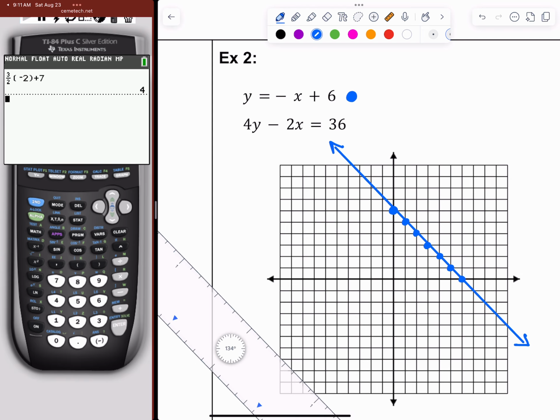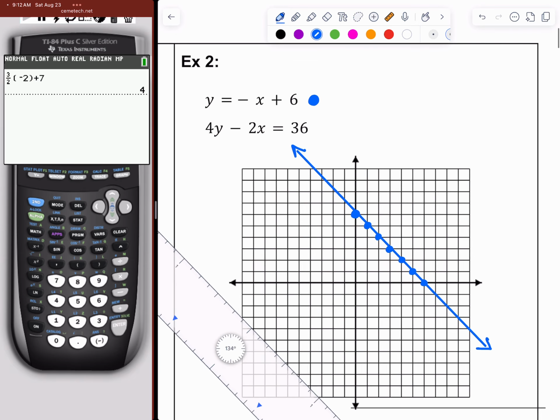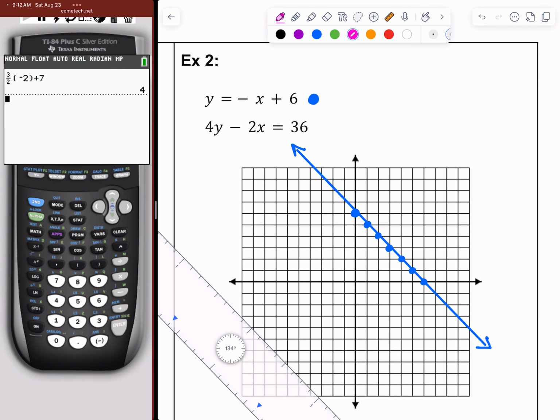So the next one, you want to find your intercepts, either your x-intercepts or your y-intercepts. For the x-intercept, I want to substitute 0 for y.